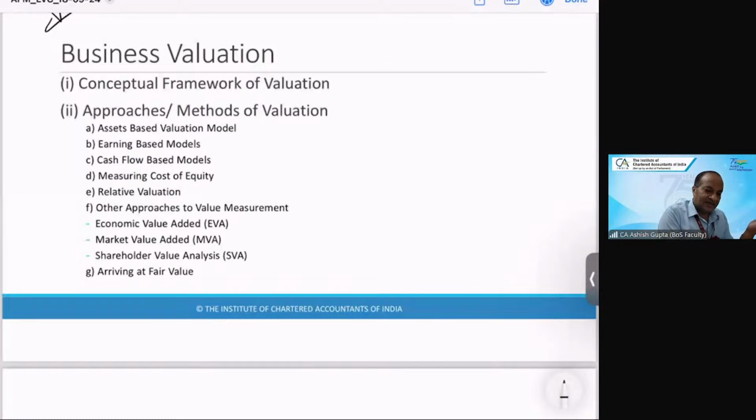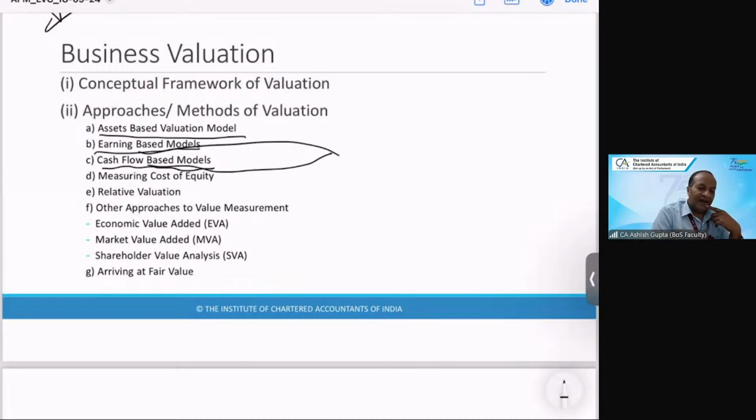Some may consider asset-based valuation, which is useful where the company has assets. But where the company may not have assets, what basis can there be? It can be earning-based models or cash-flow-based models, because you know that cash flow and earnings can be different.